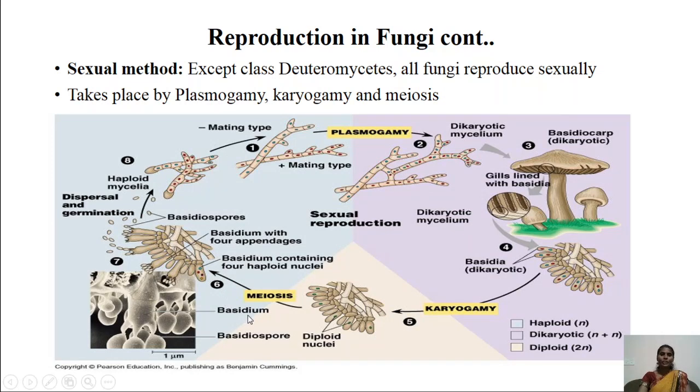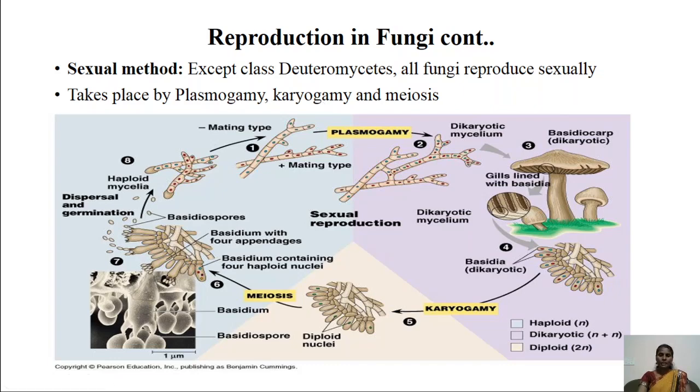Then coming to sexual reproduction, except class Deuteromycetes, otherwise known as imperfect fungi, all the classes of fungi reproduce sexually. Sexual reproduction takes place by three important steps: plasmogamy, karyogamy and meiosis. Plasmogamy is the fusion of protoplasm, followed by the second phenomenon called karyogamy.